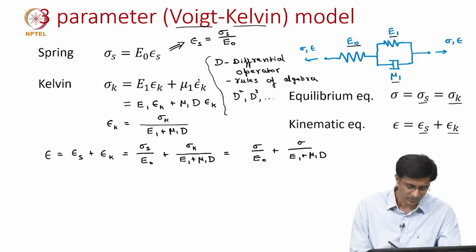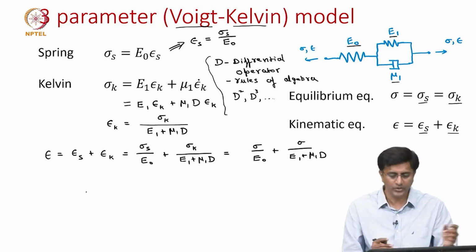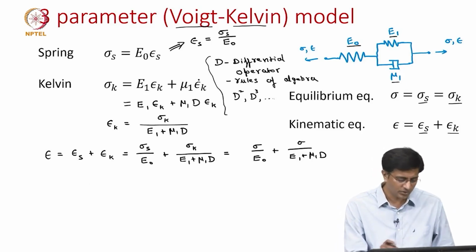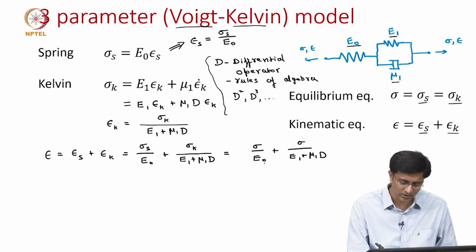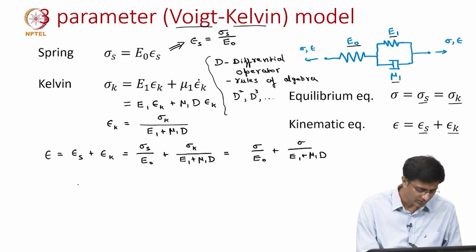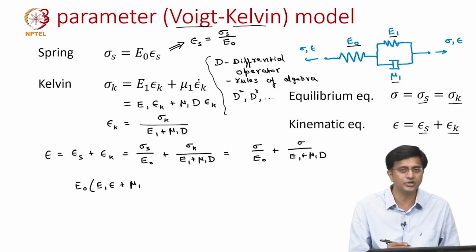Okay. So, now we need to move those in the denominator to the left side of the equation. So, this E naught and E1 plus mu1 d. So, once I do that and multiply with the strain which is on the left hand side, I should be getting E naught times E1 times the strain epsilon plus mu1 times d epsilon. D epsilon is what?